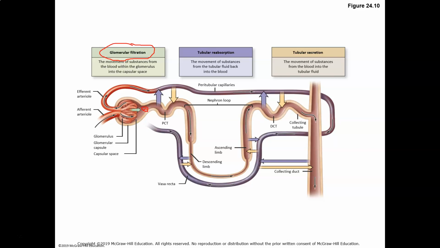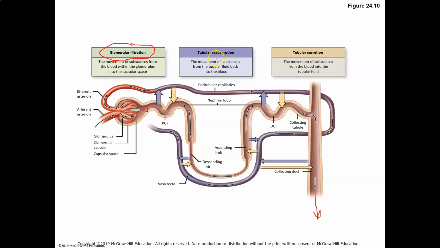That is called glomerular filtrate. Do not confuse this with urine. It is not urine, not yet. We can call it urine over here at the collecting tubule, but it is not urine until it gets there.